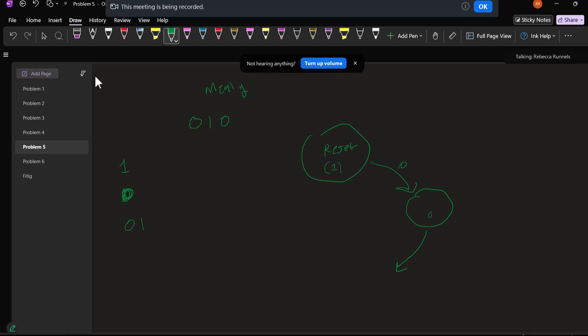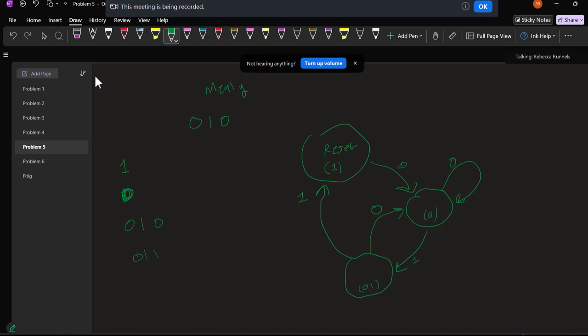This would be we have a 0. Then if we have a 0 and we get a 0, we stay here. If we have a 0, 1, and we get a 0, then we go here. And if I have a 0, 1, and I get a 1, I go here.